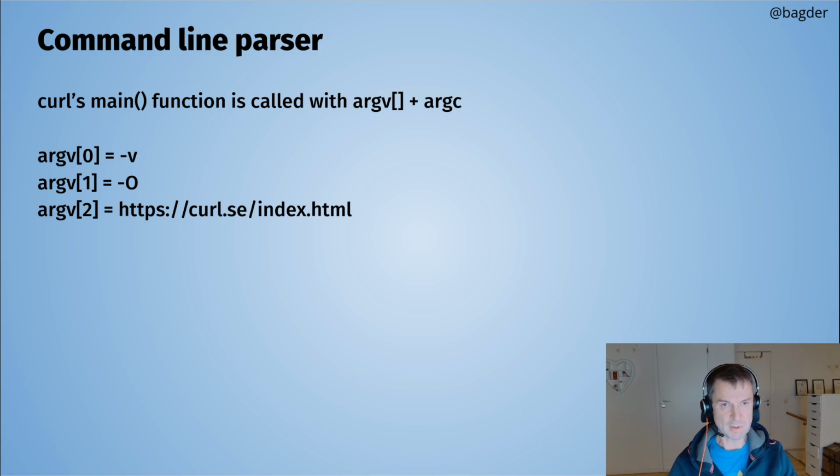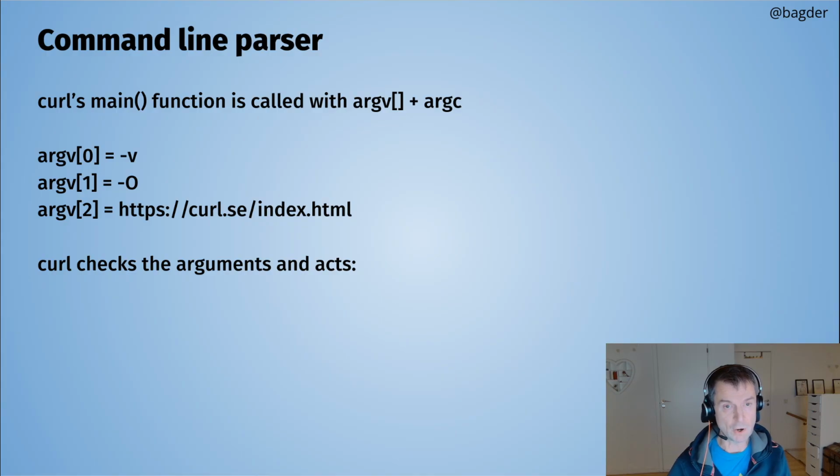As I showed you, that's the command line we get. So we already get them split up like this, and the curl tool's task is then, what do we do with this? What does it mean when we get a -v or a capital O? And in the curl tool, then of course it converts these.